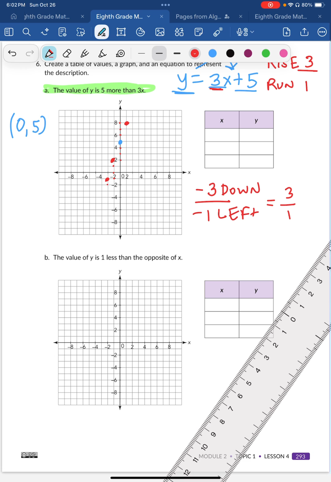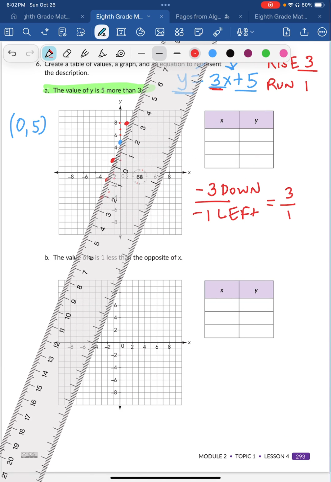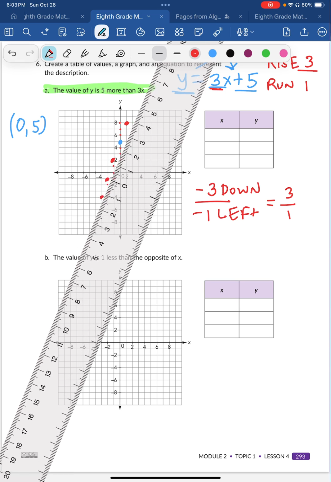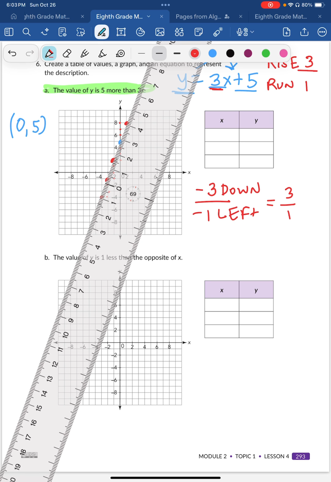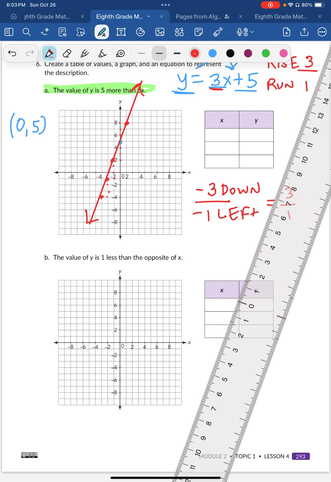Down 3, to the left 1. So there's my line. And I'm going to connect the dots and graph it if I can get my ruler to cooperate. Okay, there we go.